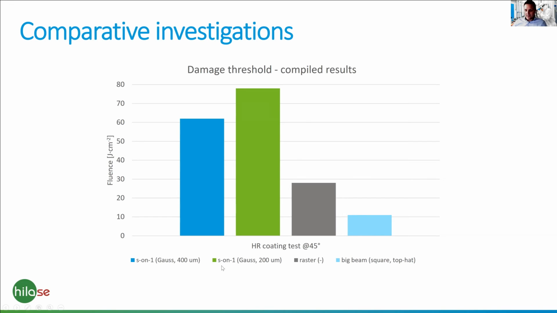For example, if you are testing standardly S-on-1 or 1-on-1 with a Gaussian beam, you have very low probability that you will find a defect, but you will have good information about what is the actual damage threshold of the coating, for example, because if you are a manufacturer, you would like to know whether this coating is better than the previous, or this particular coating technology is producing better results than the previous, and then you can handle the defect.